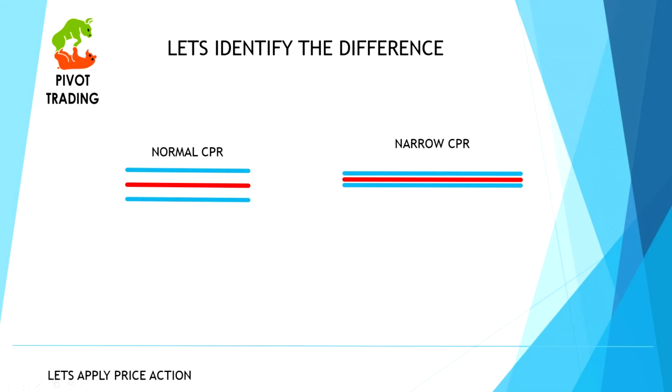On the left, we see a normal CPR will have the top central pivot line and the bottom central pivot line, not too far and not too close from the pivot point. On the right, we see a narrow CPR. Here, the top central pivot line and the bottom central pivot line is very close to the pivot point. You may see some narrow CPR almost being merged with the pivot.